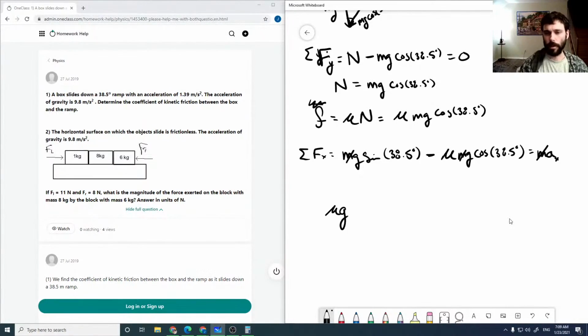So we have mu g cosine of 38.5 is equal to g sine of 38.5 minus a, or dividing the whole thing by that factor to have mu on its own.